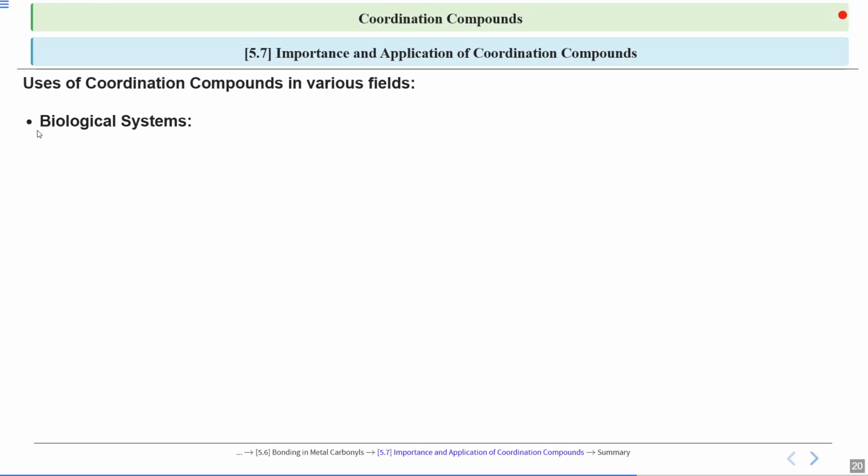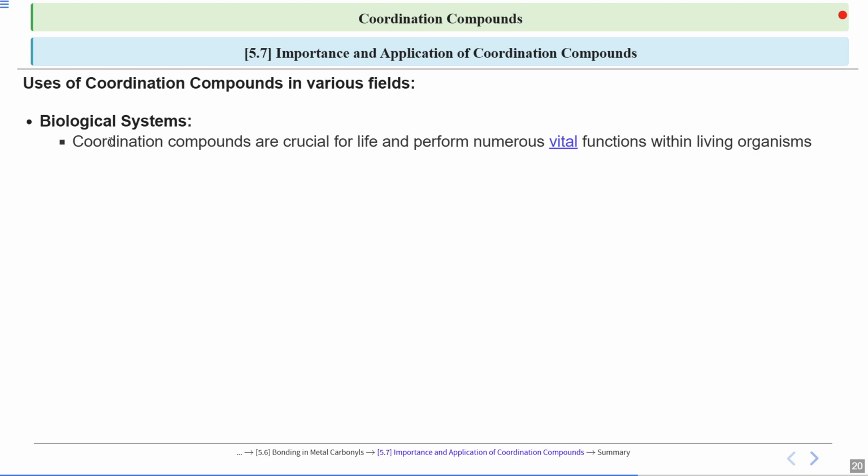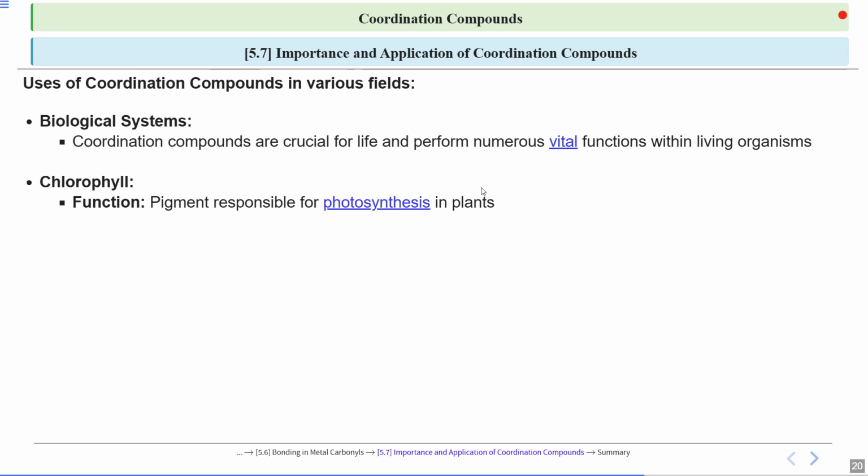Let's see the next uses, which is in biological systems. Coordination compounds are crucial for life and perform numerous vital functions within living organisms. First is chlorophyll. Its function is as the pigment responsible for photosynthesis in plants. It is the pigment that gives the plant its green color.